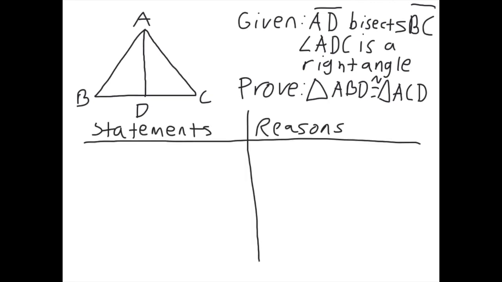So we start by saying what is already given. Number 1, AD bisects BC. The reason is that it's given.